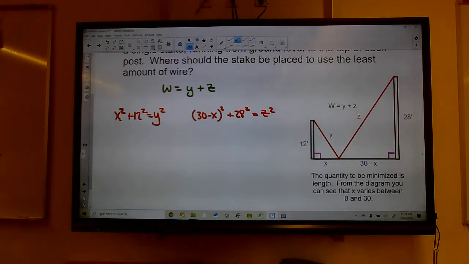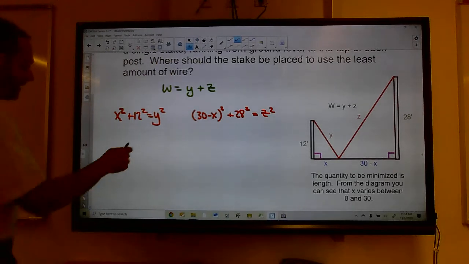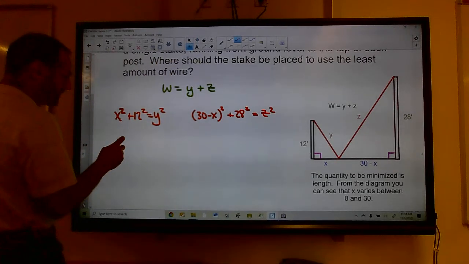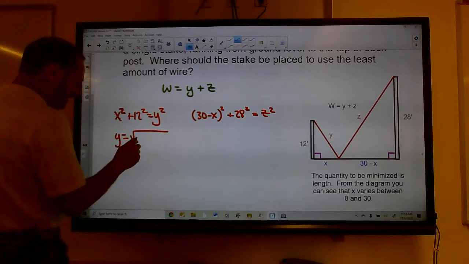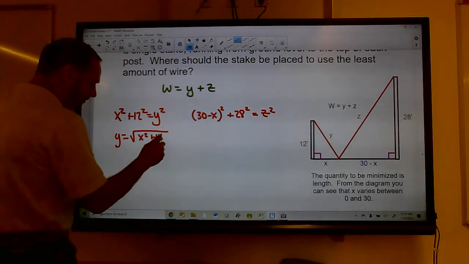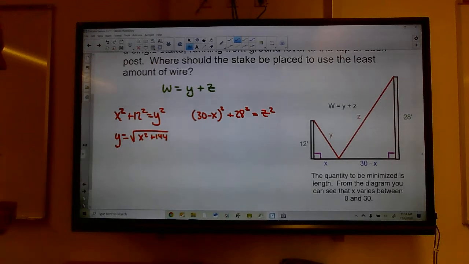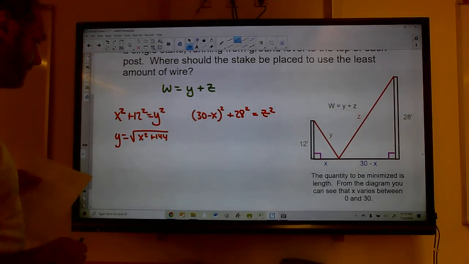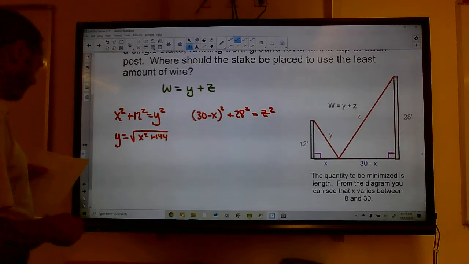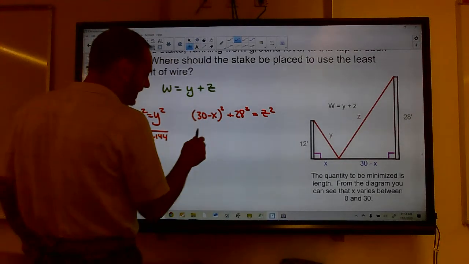So then if I take this one and I solve for y, y is going to be the square root of x squared plus 144. This one over here is not going to be quite as easy. I'm going to go ahead and multiply this out.